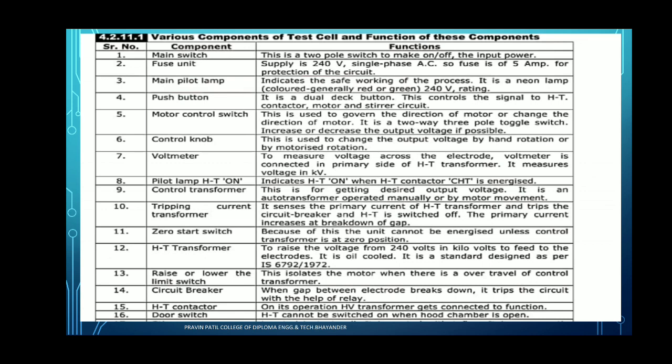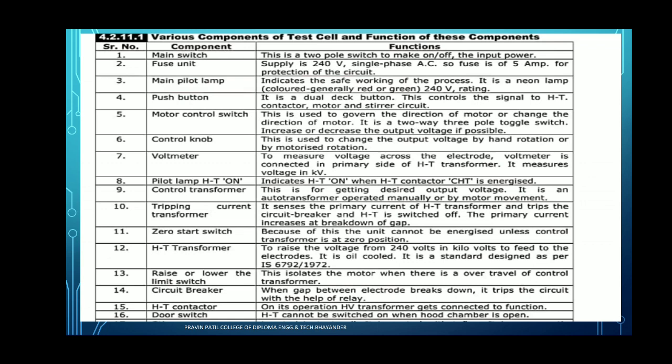Next component, the rise or lower limit switch. This isolates the motor when there is over travel of the control transformer, so that type of switch is used to limit the motor's rise or lower travel.